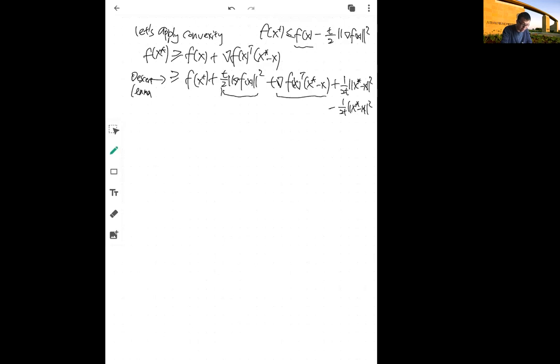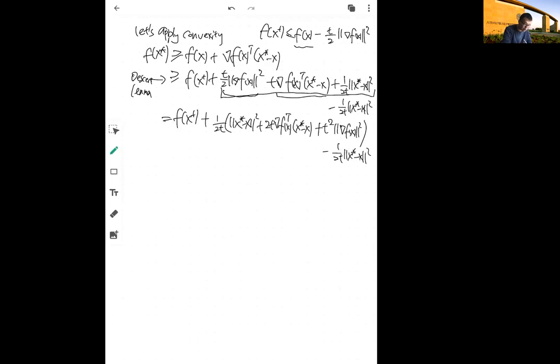Okay, so now we can combine these three. That gives us f of x plus, let's extract 1/2t, and then we get something that's cleaner looking, with t squared, and then minus 2t.